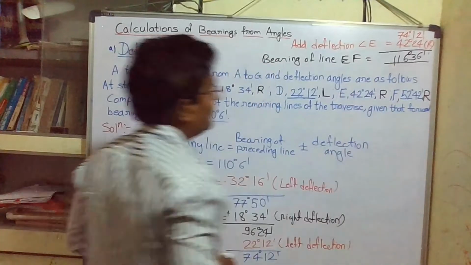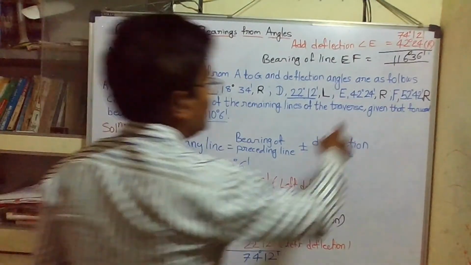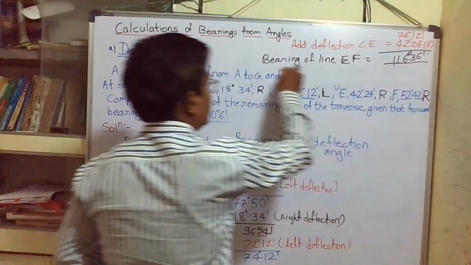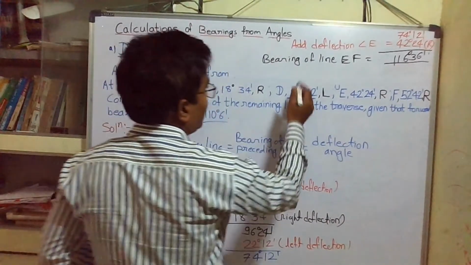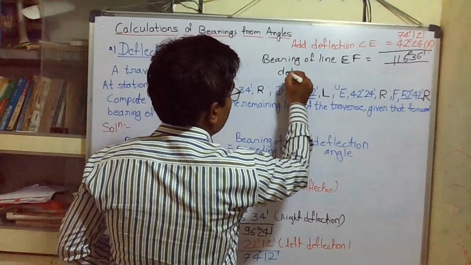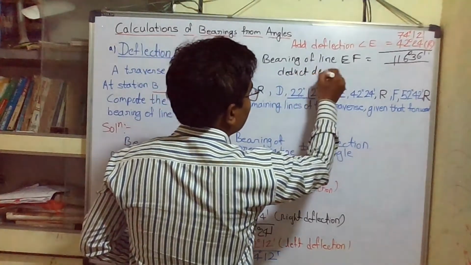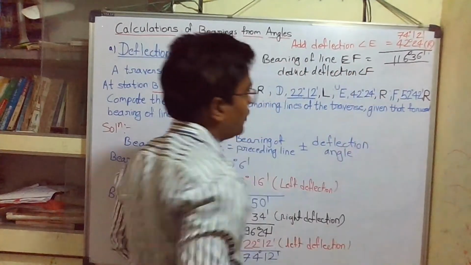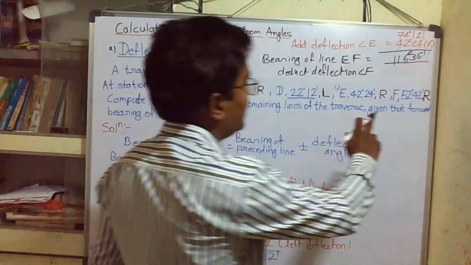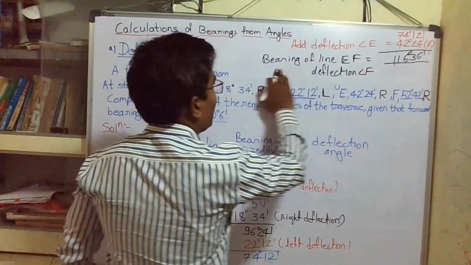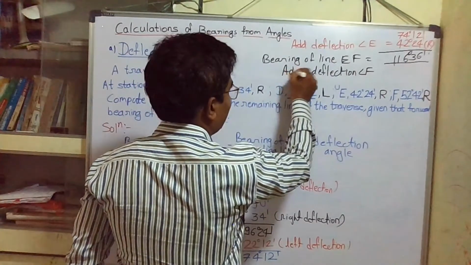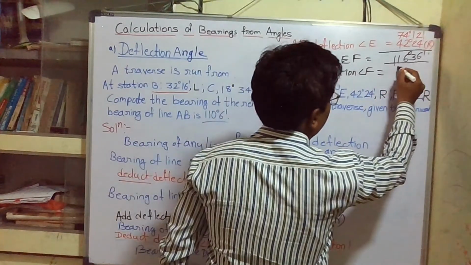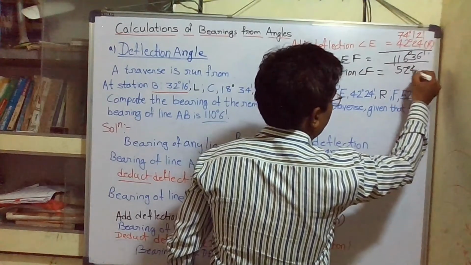Next, what is the next deflection angle? Deflection angle F, and it is a right hand deflection. So we have to add this deflection, because it is a right hand deflection. The deflection angle F is equal to 52 degree and 42 minutes.